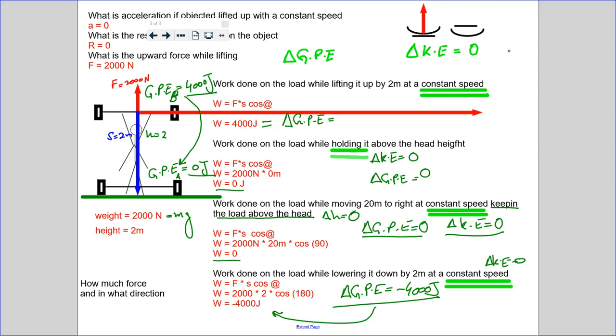The calculation says the work done is zero, but we know that the person will get exhausted. So how is that happening? Why is the person physically getting exhausted, and why is the work done mathematically zero? You can unmute yourself and discuss this. Is there any answer you have? Any of you? Any explanation for that part?